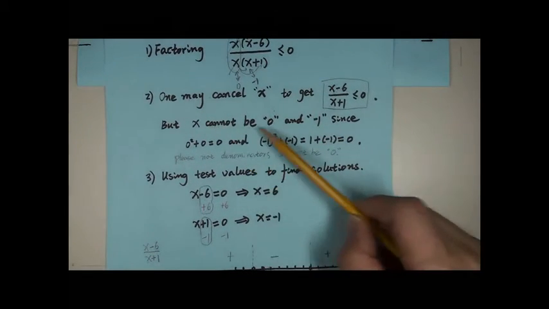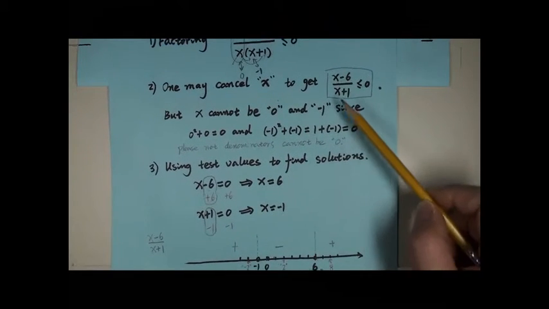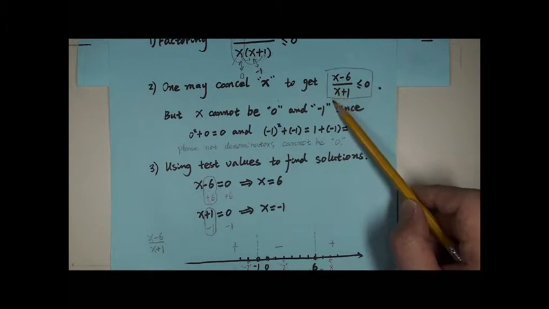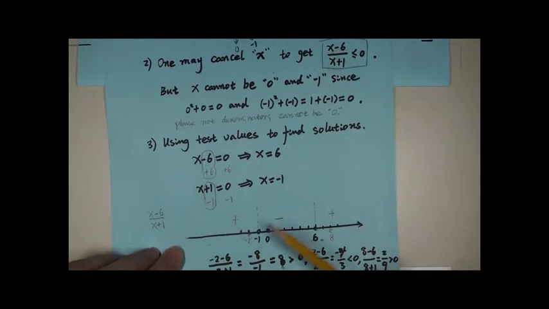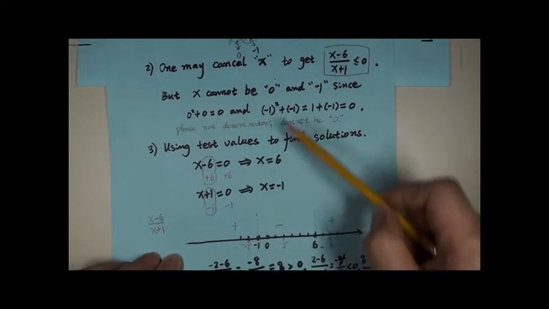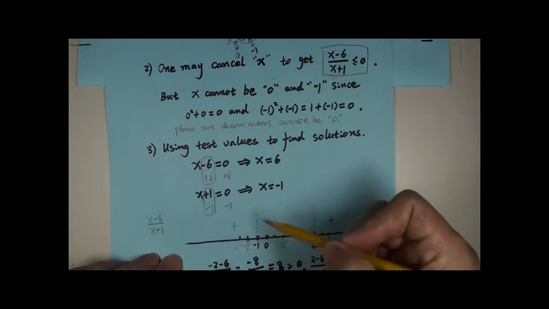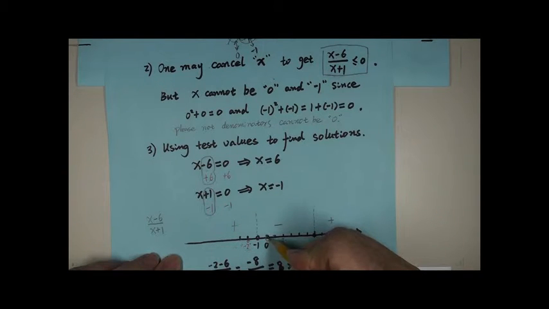Remember, x cannot be negative 1, so put an empty circle here, which means negative 1 is not included. Remember, 0 is also not included, so you should use an empty circle here.